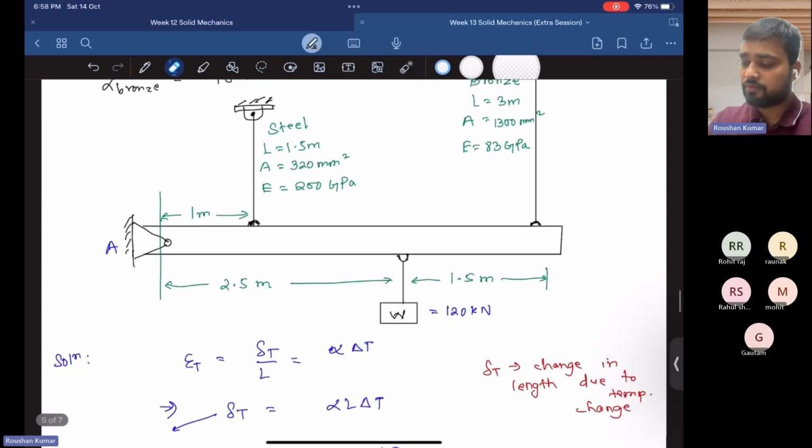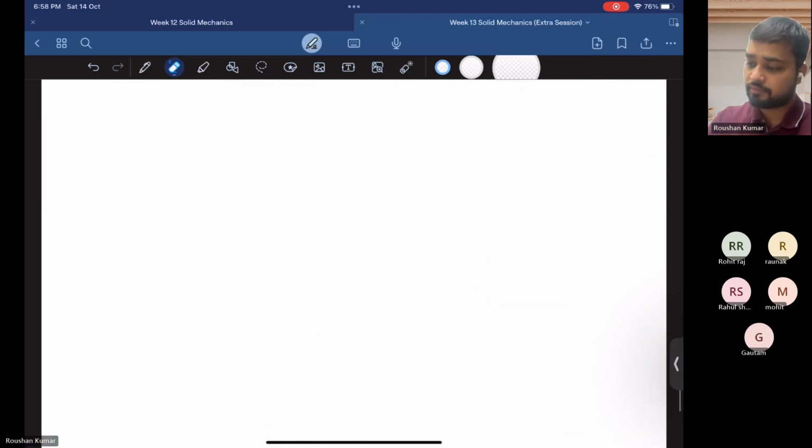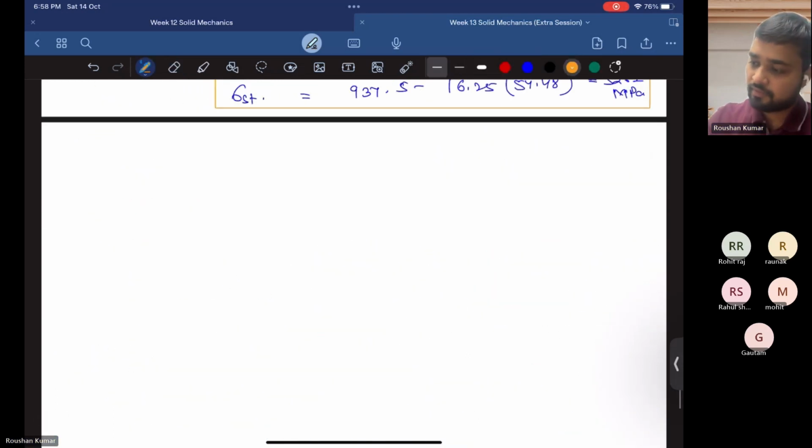Now coming to the next problem, that is problem number 4. This problem is also based on the concept of thermoelasticity.